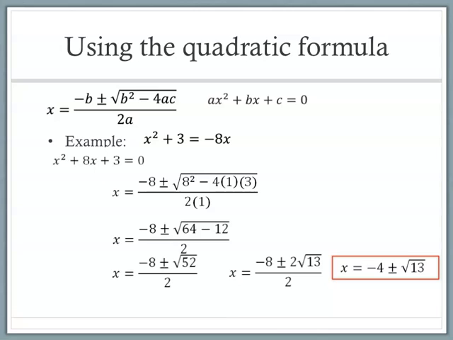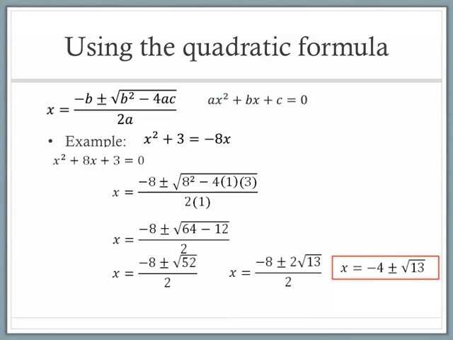So we've gone over a number of different methods of how to go about solving quadratic equations. We first started by talking about how you solve graphically. What does it mean? What are you actually looking for? You're looking for those x-intercepts. And then without graphing, we went over 4 different types of methods, starting with factoring.